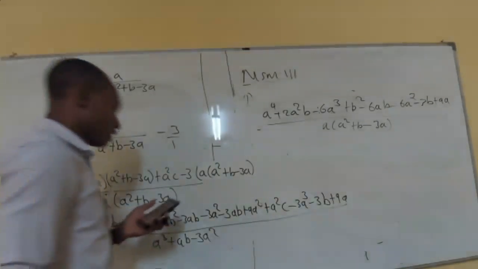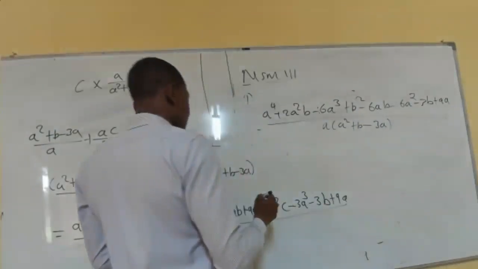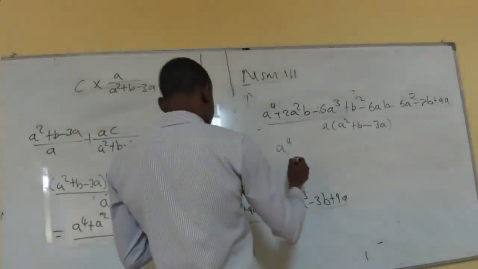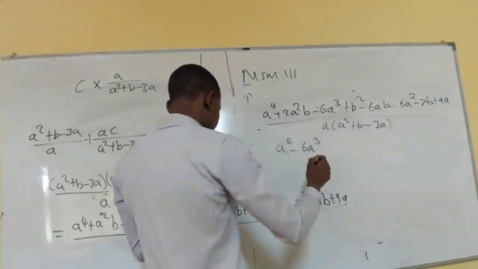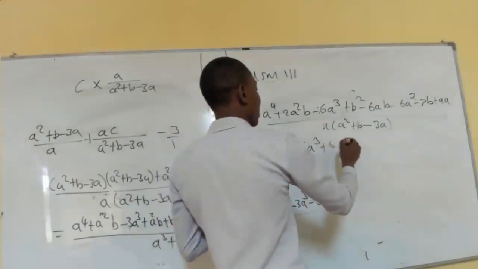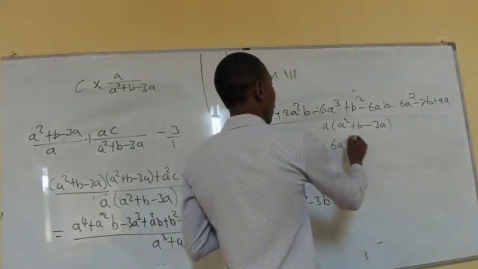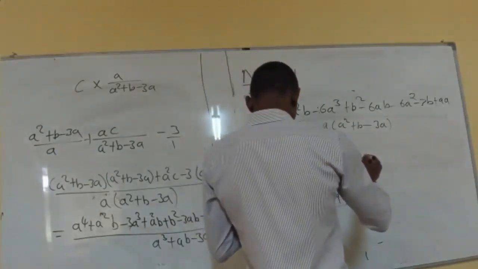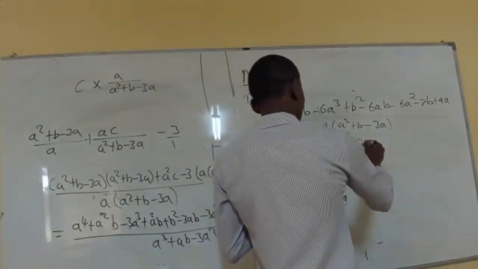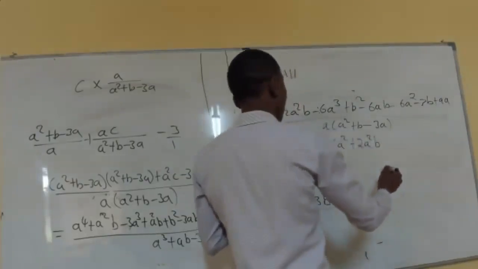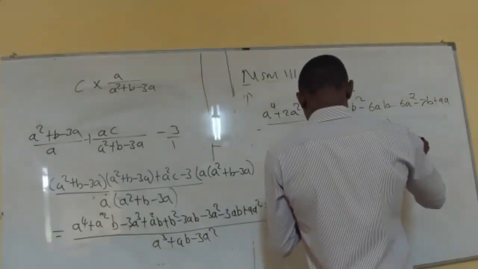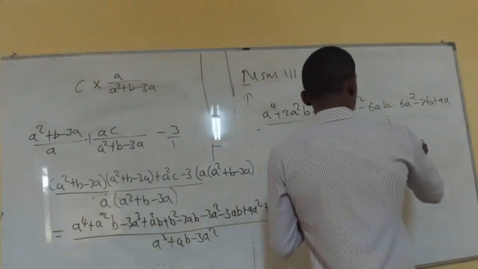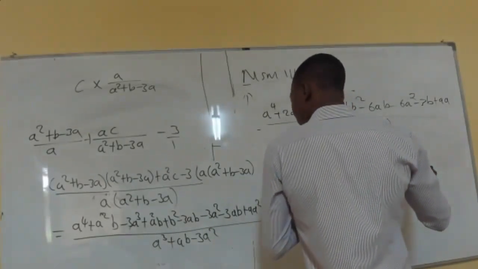Alright, so writing that in order, we actually are going to have a to the power 4, minus 6a to the power 3, plus 6a squared, then plus 2a squared b, then plus a squared c.